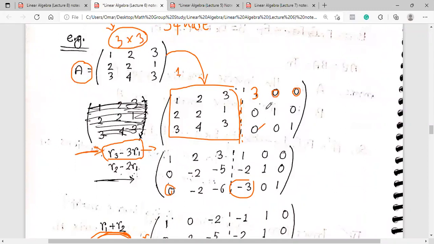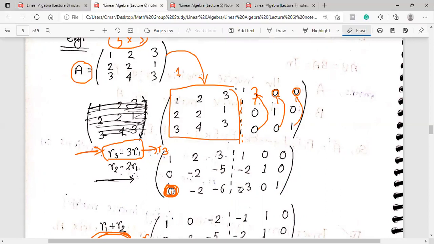That means 0 minus 3. That is going to be minus 3, okay? So you put this value into row 3, because we want this number as 0 for this row. And then R3 minus 3 into R1, that means 0 minus 0, that is 0, and 1 minus 0, that is 1, okay?